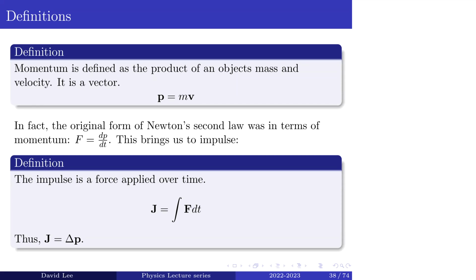If we integrate F equals dp/dt, what we'll get is something known as impulse. The integral of F dt will give us the change in momentum, and this is known as impulse.